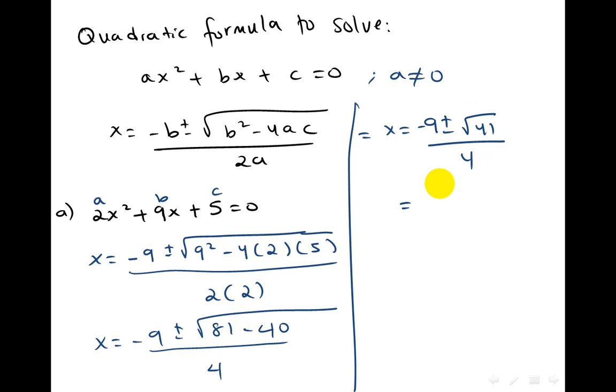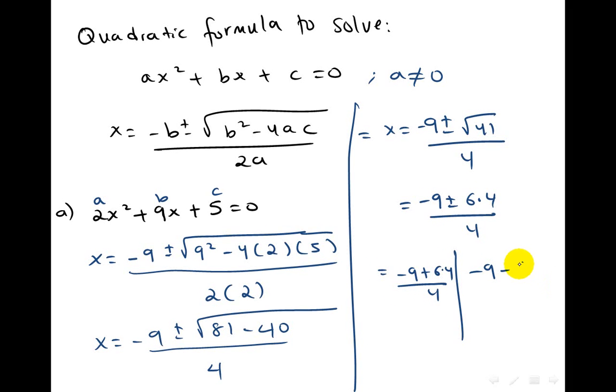You have to find what's the root of course here you have two cases, once when it's plus and once when it's minus, but let's find what is root of 41. It is 6.4. I'm rounding, by the way. 6.403 and so on, so I round it to 6.4 only. So the two cases are going to be minus 9 plus 6.4 over 4, or minus 9 minus 6.4 over 4.